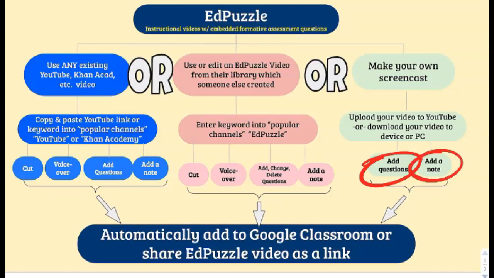And the coolest part of this, or another cool part, is when you log into Edpuzzle, which I'll show you in a minute, and start an account, if you have Google Classroom set up, you can automatically link Google Classrooms to your Edpuzzle. So then you just click the classes that you want to assign that Edpuzzle to. And I realized that once you share that on Google Classroom and the students watch the video, first of all, it'll tell you if they watched it, how long they spent watching it, and what their score is.